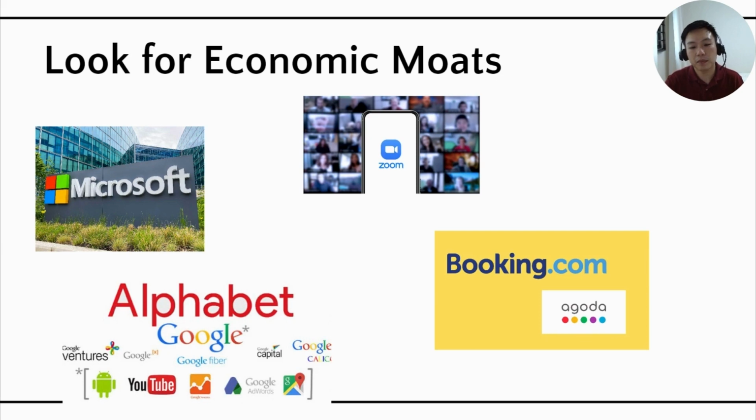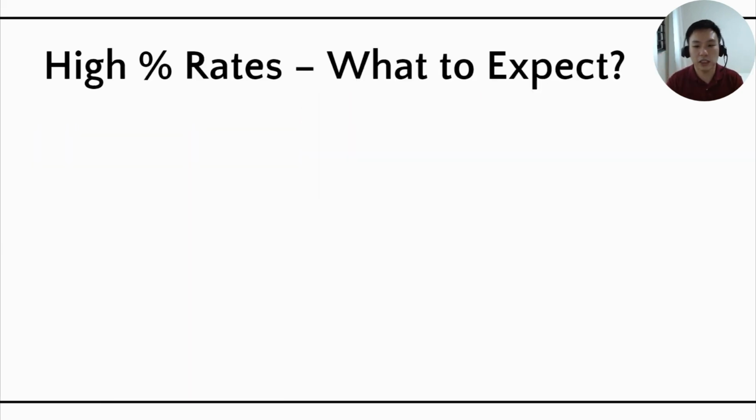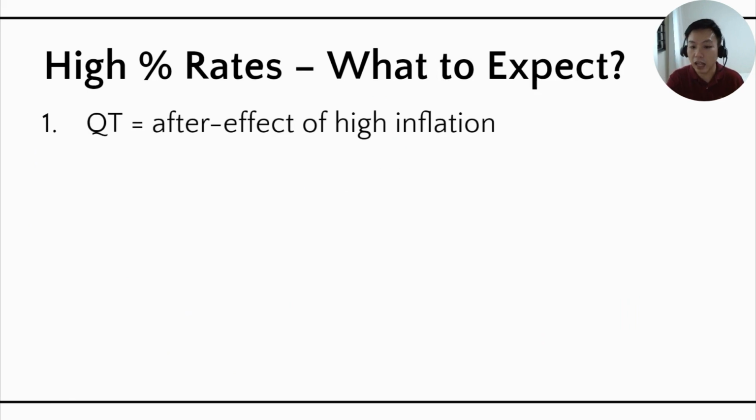So to summarize things very quickly, QT is an after effect of the high inflation, but given the humongous debt of the US government, it's safe to say that the interest rates may not go back to zero anytime soon. In fact, a lot of economists and analysts are saying that the normalized interest rates in future will be around 2-3%.